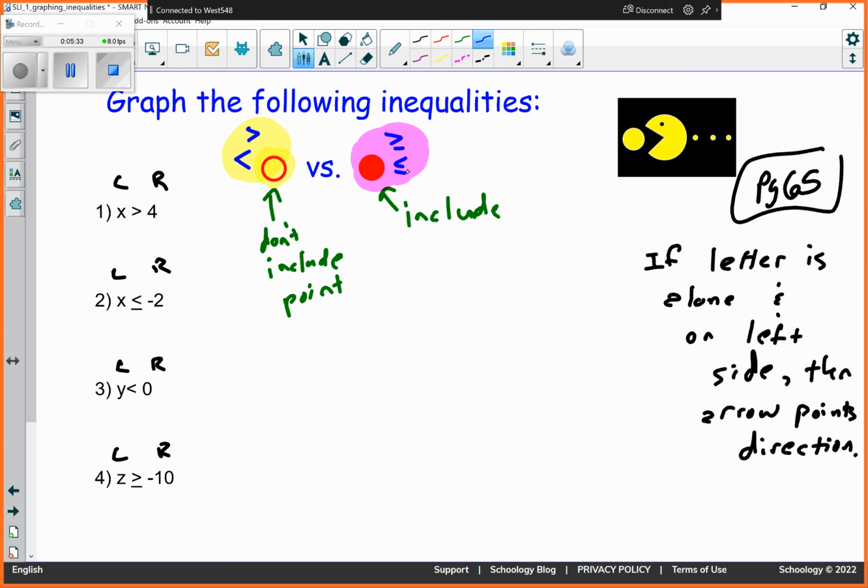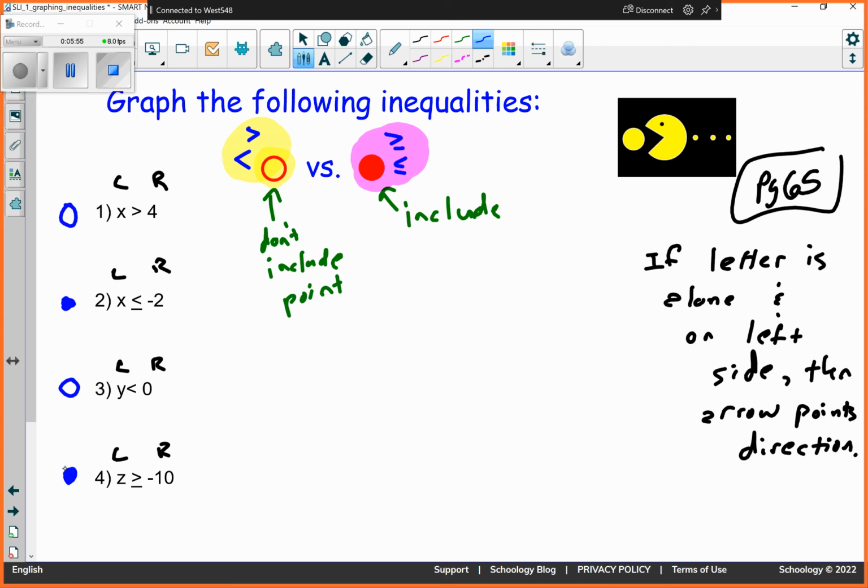Closed. It has the little equal sign. And then open, and then closed. Okay, so I'm just going to put off to the side that I know that this is an open dot, this is a closed dot, this is an open dot, and this is a closed dot.